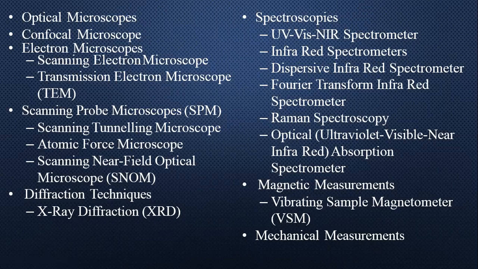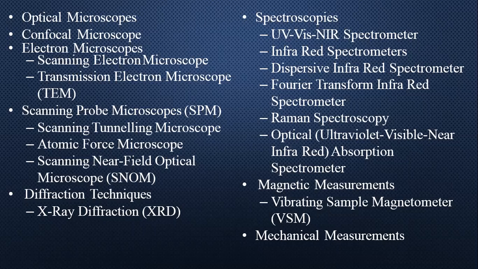It includes, or they may be further classified as, scanning tunneling microscope, also called STM, and atomic force microscope, also called AFM. Next is the scanning near field optical microscope, abbreviated as SNOM.